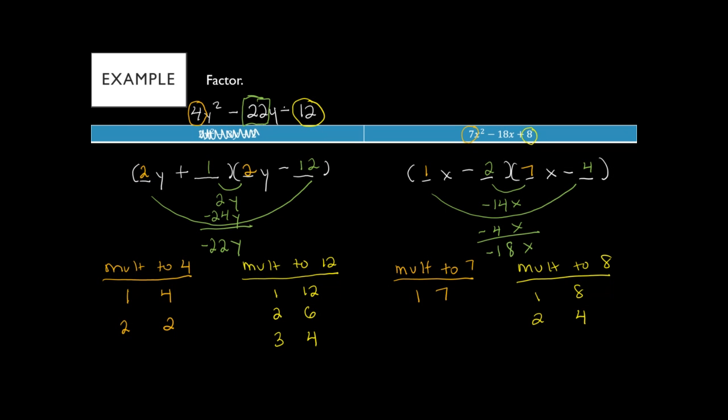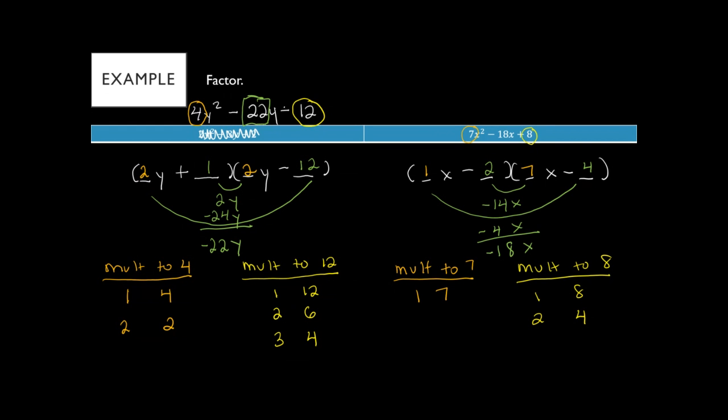If the numbers are small, like if my first number is under 10, if it's a prime number, so there's only one choice, and the last number is pretty small, I might do trial and error. But if my first number was something like 18 and my last number was something like 56, there are a lot of choices that you would have to go through in order to factor.